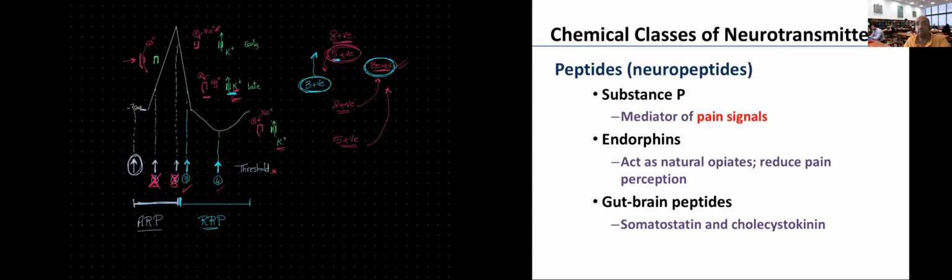And this explains why people who are taking external opiates, once they stop taking those drugs, will have exaggerated pain perception. So they will be in pain, although they don't have anything that should normally trigger any pain. Why?